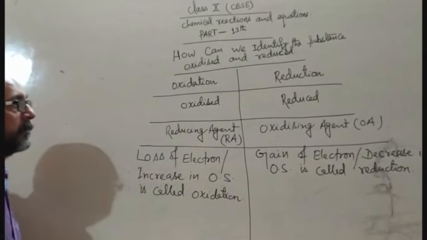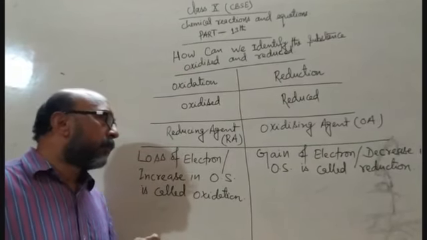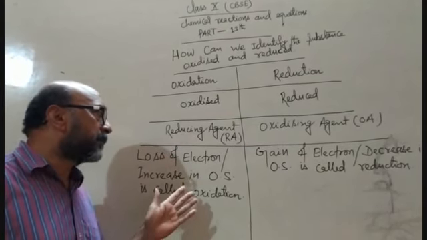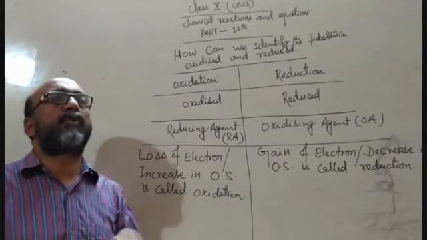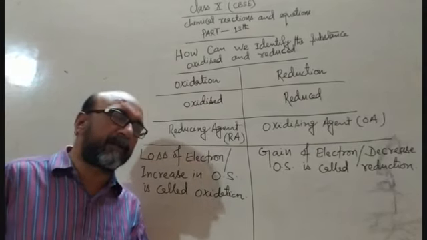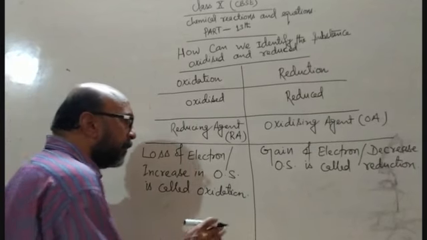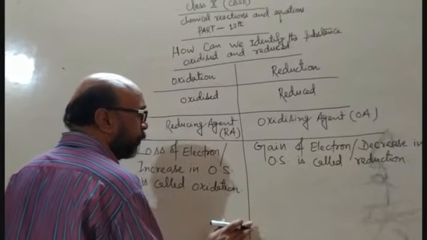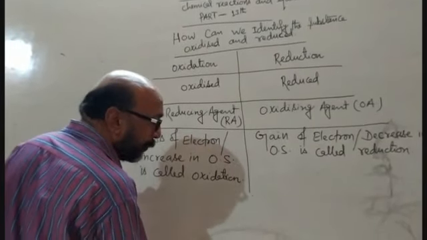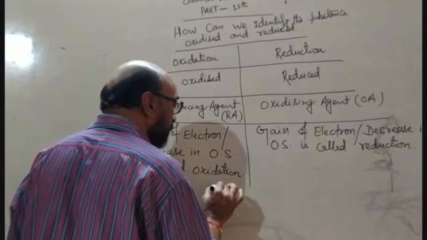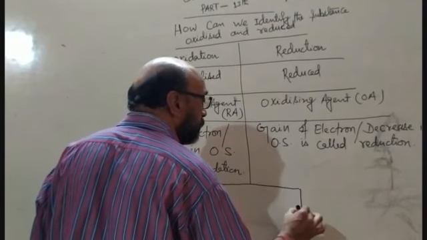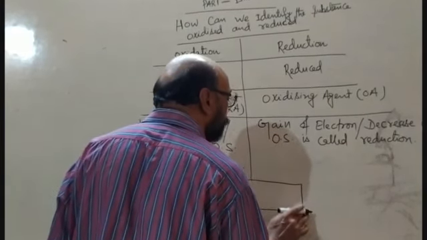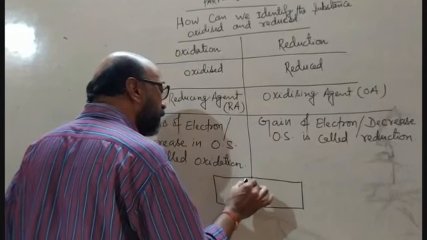Right? Now, to make you understand the substance oxidized and reduced, or the process of oxidation and reduction on the basis of loss of electron and gain of electron, I am providing here a word so that you will be able to keep these two processes in your memory easily.